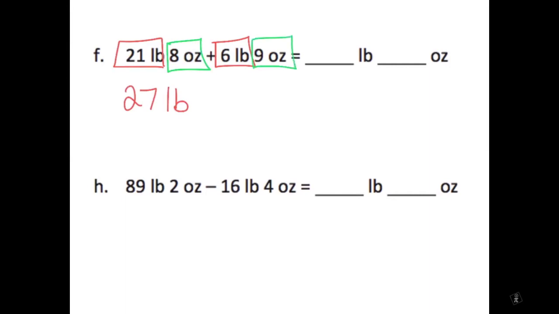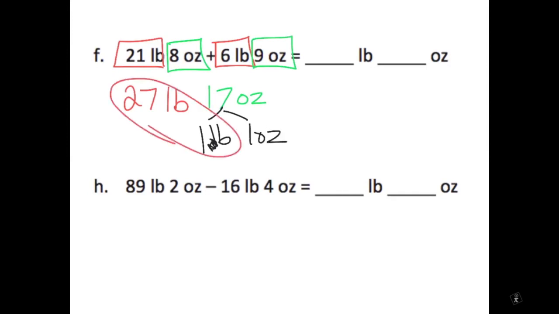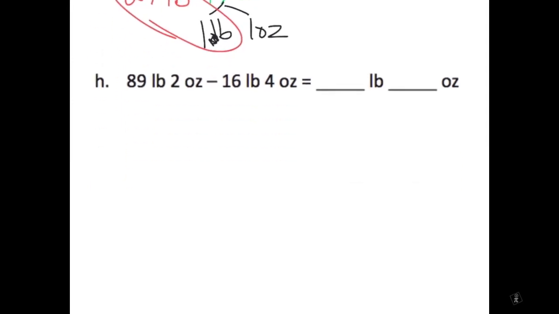Addition is always easier than subtraction. That gives us 17 ounces, but then we have to remember, wait a second, 17 ounces is 1 pound plus 1 ounce. So we now have 28 pounds, and then we have just 1 little ounce left over: 28 pounds, 1 ounce.